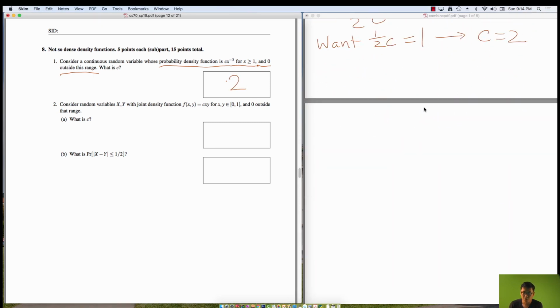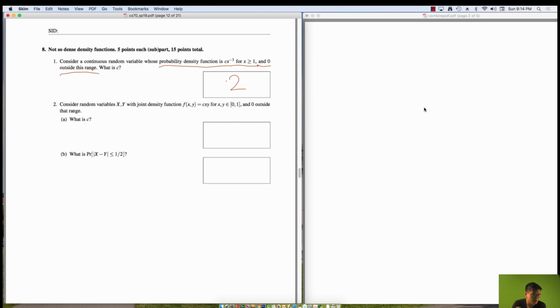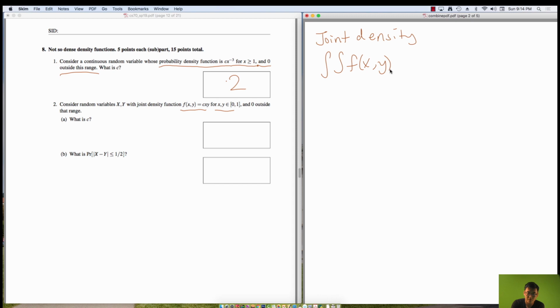Okay. So now let's get started on 8.2 part A. So it says consider random variables x, y with joint density f of x, y equals cxy for x, y in 0, 1 and 0 outside that range. And we want to find c in this case. So if you recall, for a valid joint density, if I integrate over all the possible values of x and y, I should get 1, right?